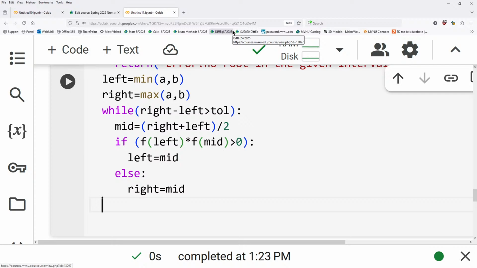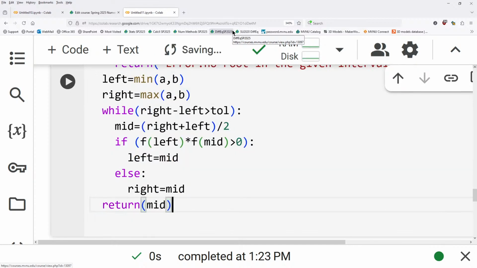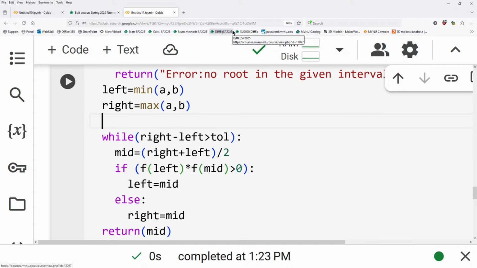Okay, so we back off so that we're on the same level as while. If you see the while right above? So return, and we're going to return the middle. Now, I have the same issue with this as I had with Newton's method, and that is that I would like to keep track of all of the guesses, where are they going. And so what I'll do is up here, I'll just put 3 print statements.